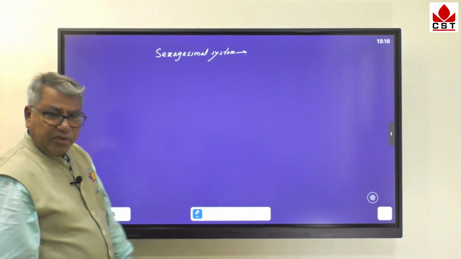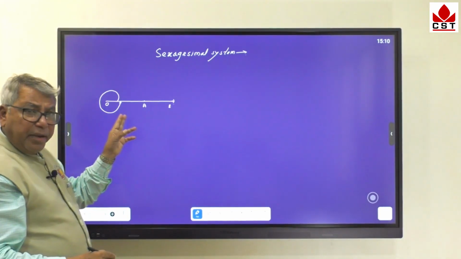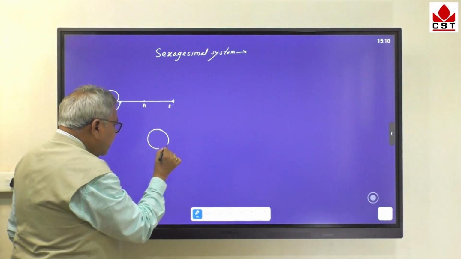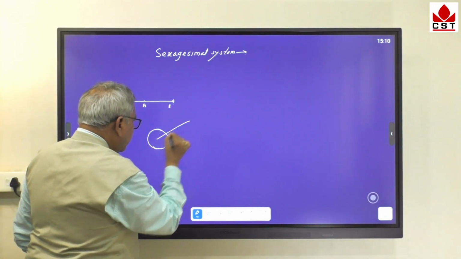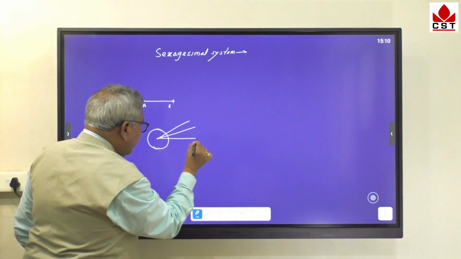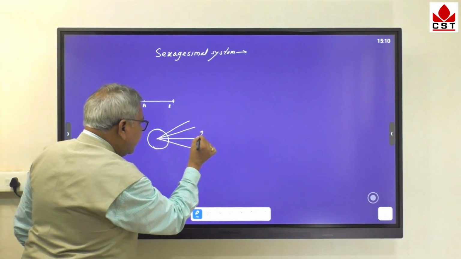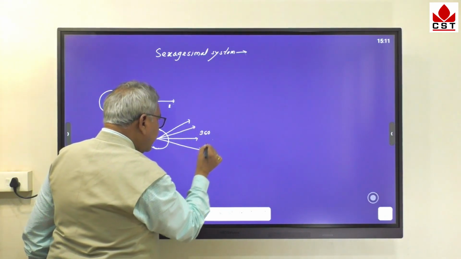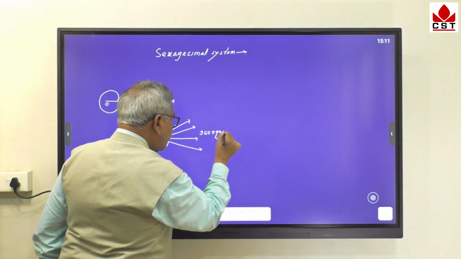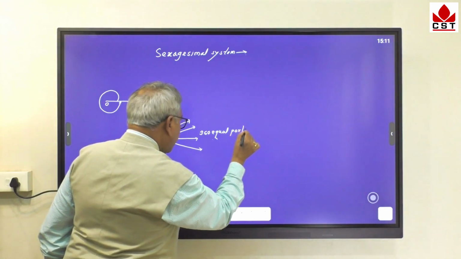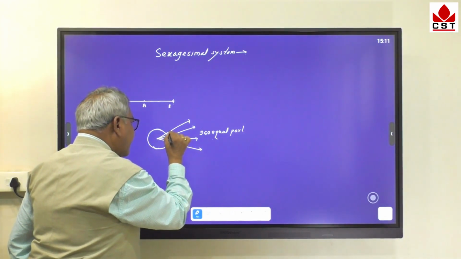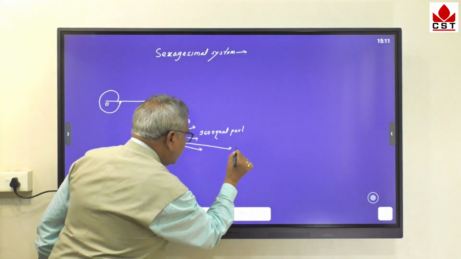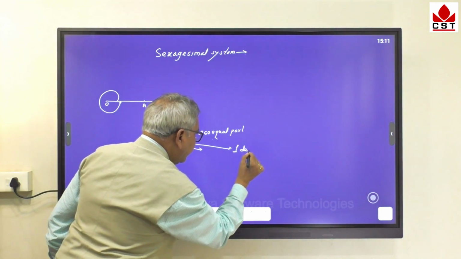In the sexagesimal system, that complete angle is divided into 360 equal parts. How many parts? 360 equal parts. And each part, that amount of rotation, is called 1 degree.